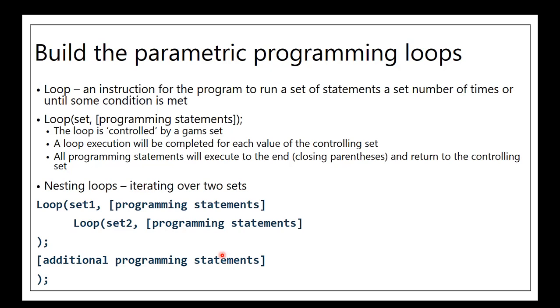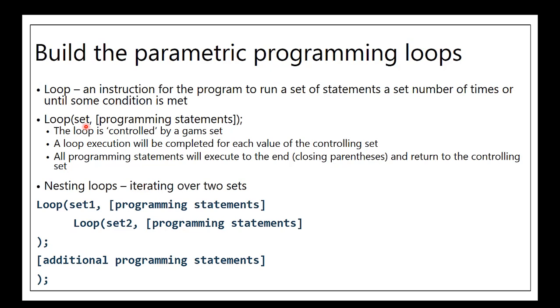Okay, so the basics though, build the programming loops to do the parametric program. The function is called a loop. It basically gives an instruction to do something, and while you're at it, keep doing that until you meet some condition. In GAMS, the typical way to set this up would be to instruct it that you're giving it a loop, open parentheses, and everything in the parentheses is contained inside the loop.